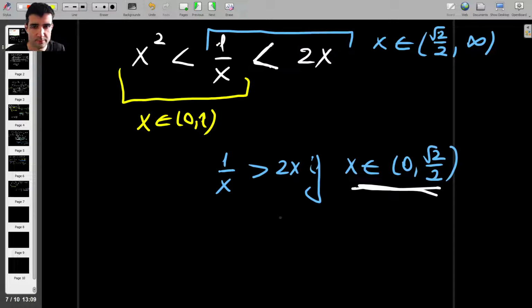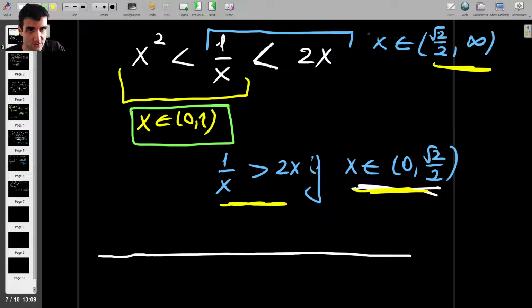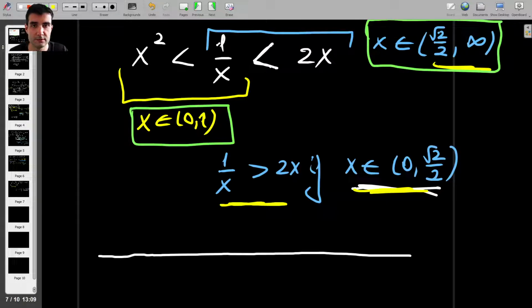Okay, so just to recap, we showed this earlier. We showed that if x is in this interval, 1 over x is greater than 2x. But if 1 over x is less than 2x, then x is everything outside of that interval, which is essentially everything above root 2 over 2. Okay, so now we have to check where the intersection of those intervals happens.